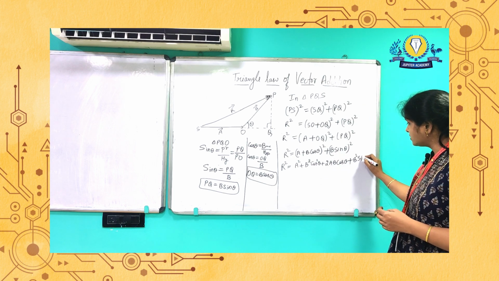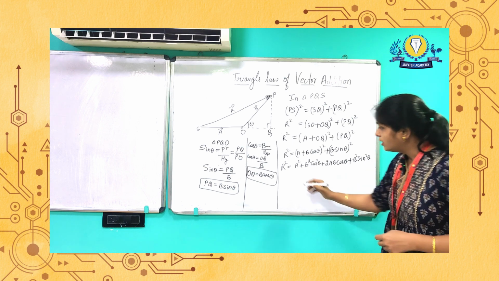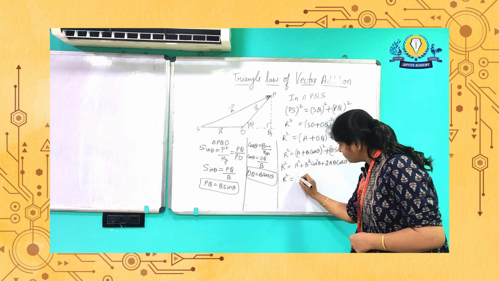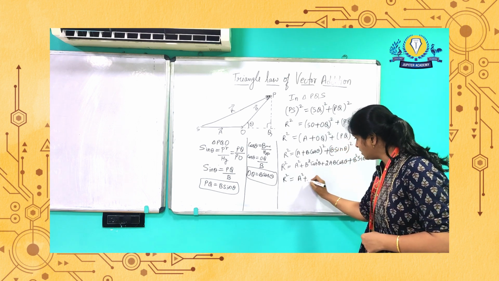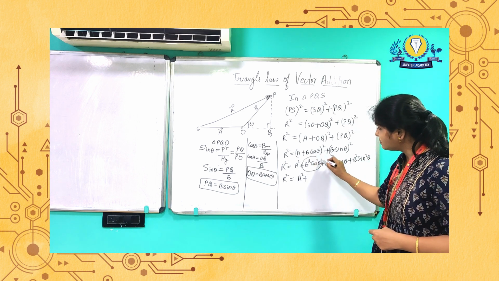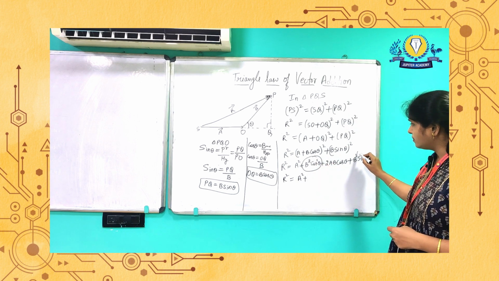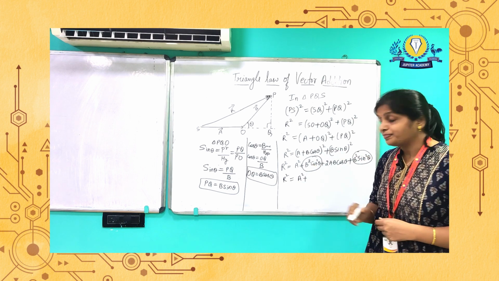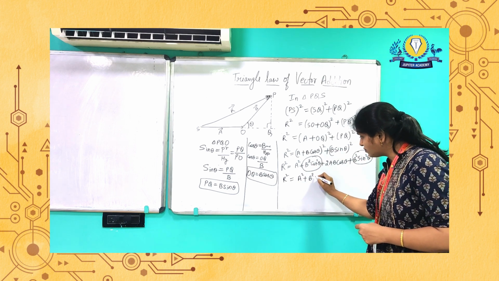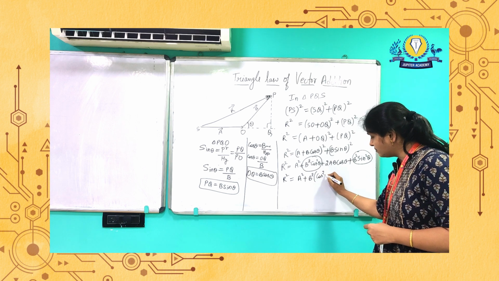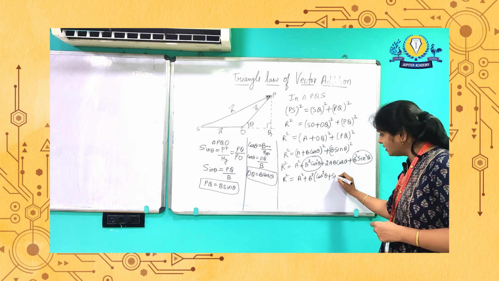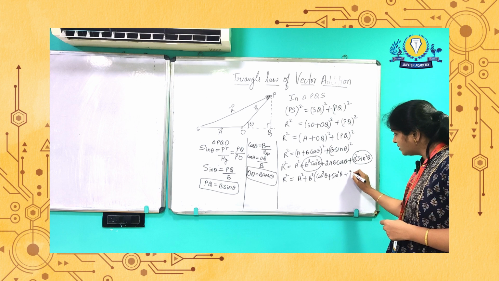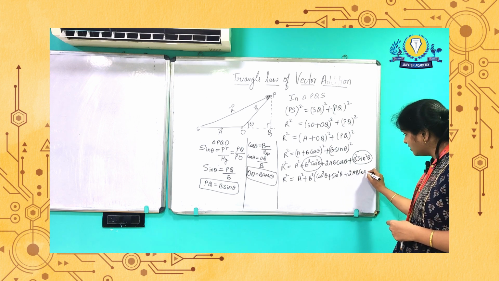B square sin square theta. Now a square plus, can you see this b square cos square theta plus b square sin square theta. If I take common b square, what am I remaining with inside? Cos square theta plus sin square theta, plus 2ab cos theta, right?